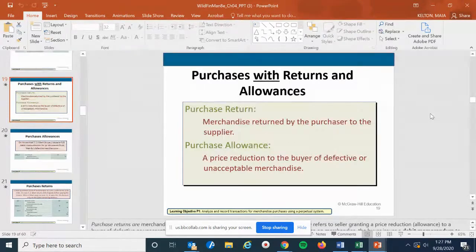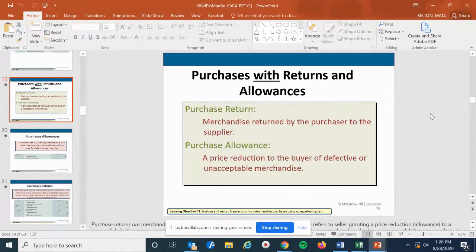So I want you guys to understand the difference between a purchase return and a purchase allowance. A purchase return is a physical return. So let's say I get something from Amazon and I physically package it up and send it back to Amazon. That's a purchase return.